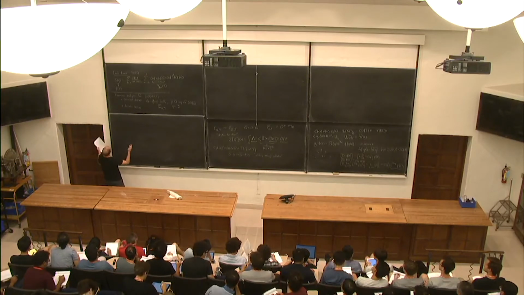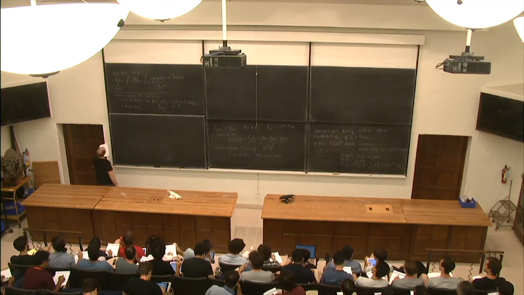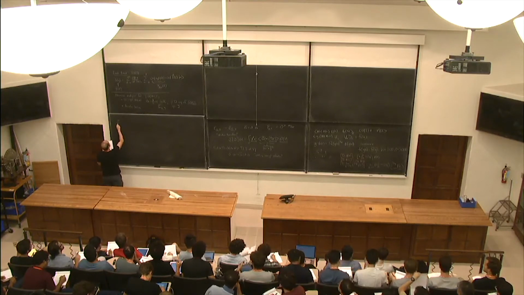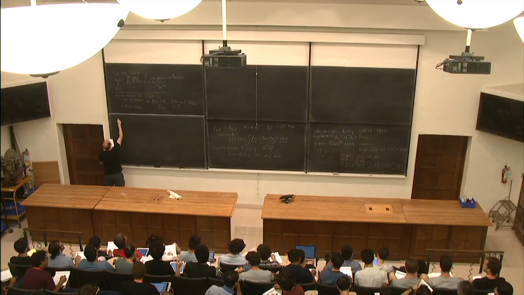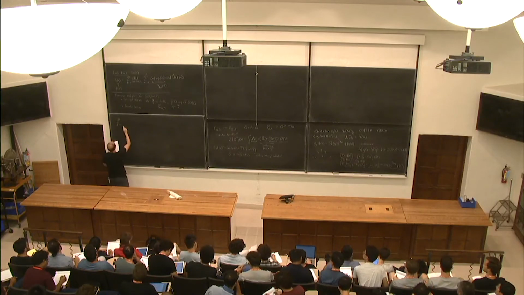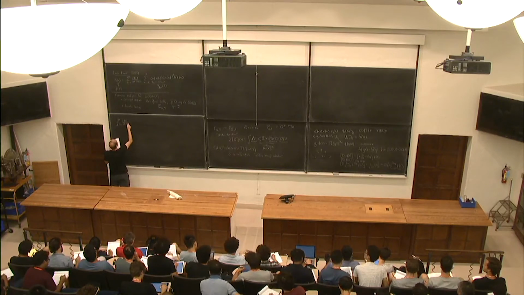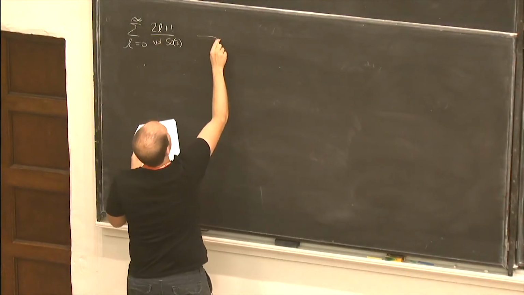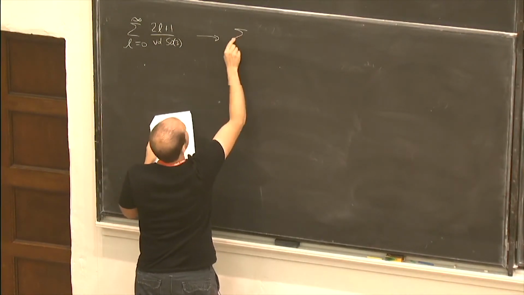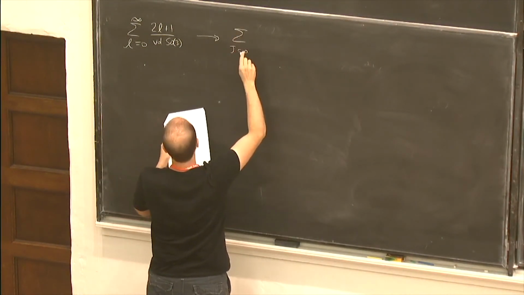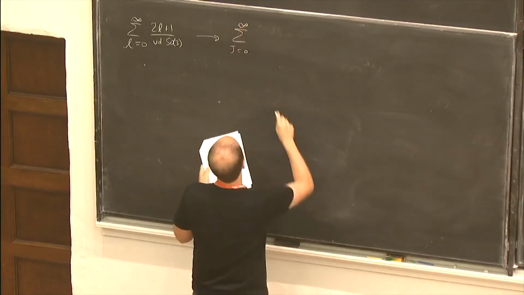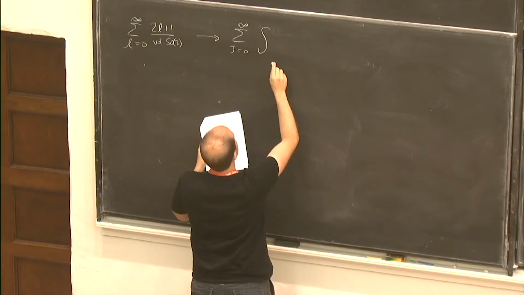Okay, so we're in a situation completely analogous to that one. And so here's the analogy. In the previous case, we had a sum from L equals 0 to infinity of 2L plus 1 over volume of SO3. And that was the Plancherel measure. The Plancherel measure in this case is going to be a sum over principal series representations. So we have a sum over spins and an integral over principal series dimensions.